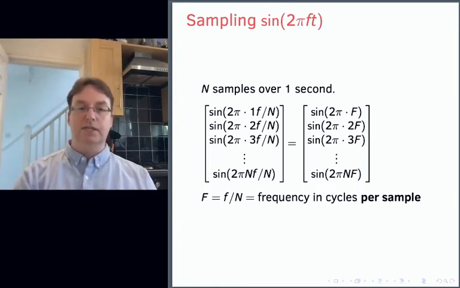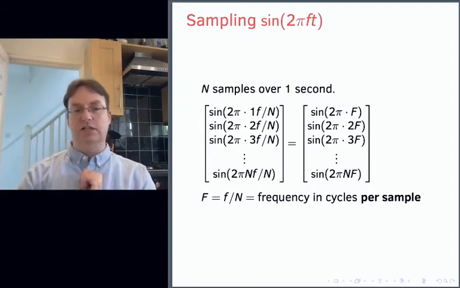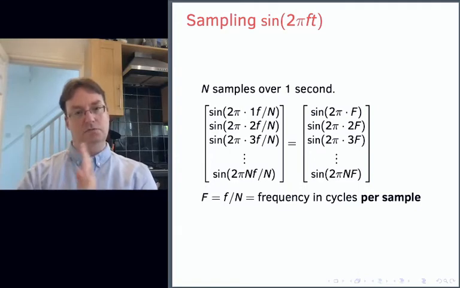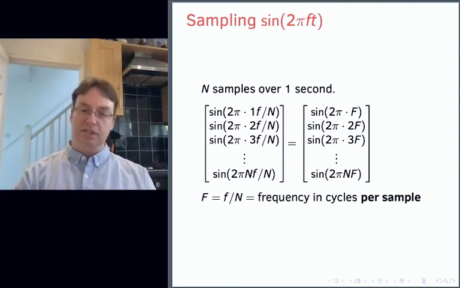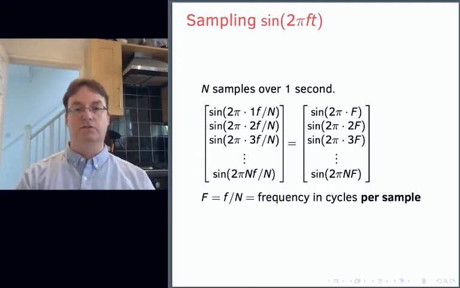Now, to make this a little bit simpler, I'm going to define a new frequency, capital F, which is little f divided by n. And now I'm just changing the units. Instead of asking about the number of cycles per second, I'm asking about the number of cycles per sample. Now, if I've got 3 cycles per sample, this is going to be no use whatsoever because sampling is going to miss 2 out of 3 cycles.